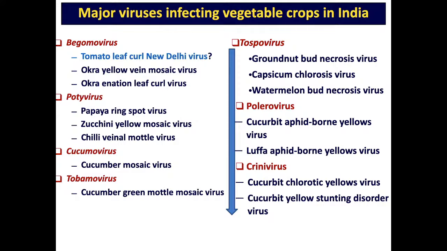In okra, both yellow vein mosaic and Indonesian leaf curl, chili leaf curl, several viruses in cassava mosaic viruses, and similarly in Poty, papaya ring spot, zucchini yellow mosaic, chili veinal mottle, then in cucumber, cucumber mosaic virus, which is one of the dangerous ones, and Tobamo viruses, cucumber green mottle mosaic virus and TMV, tomato mosaic virus, as well as the Tospo viruses, the necrosis symptom causing viruses like TSV, as we had this morning on groundnut, cotton, groundnut bud necrosis virus, capsicum chlorosis, watermelon bud necrosis.